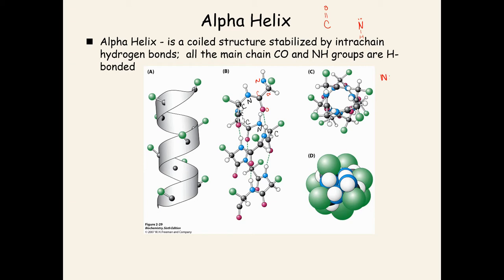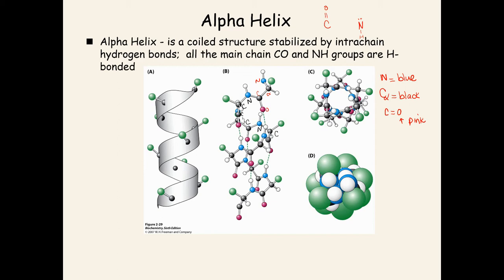So N is blue. The alpha carbon is black. The kind of red pink is the oxygen attached. Should I say pink or red? Okay, it's just to get you to kind of look at the structure.